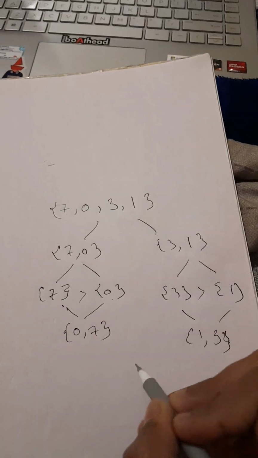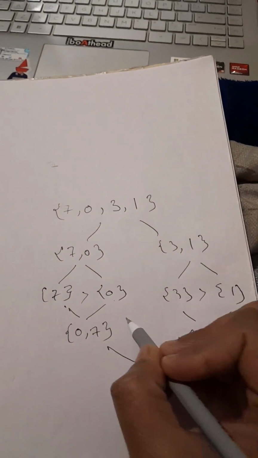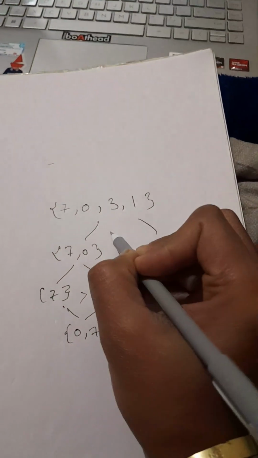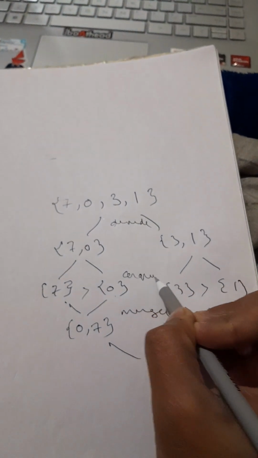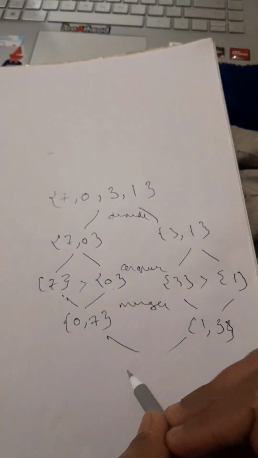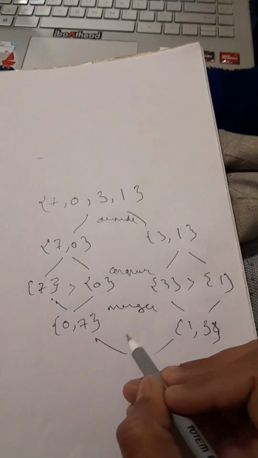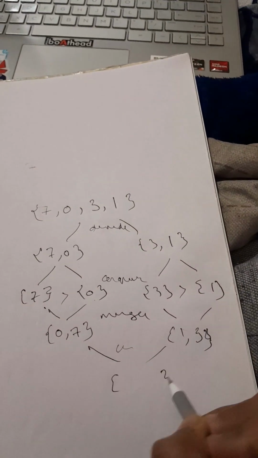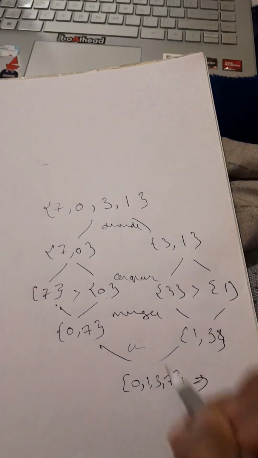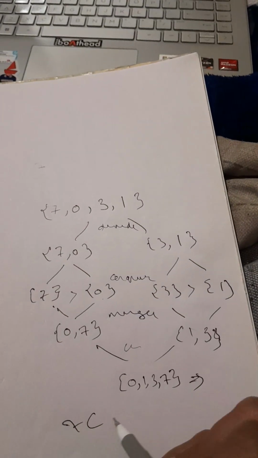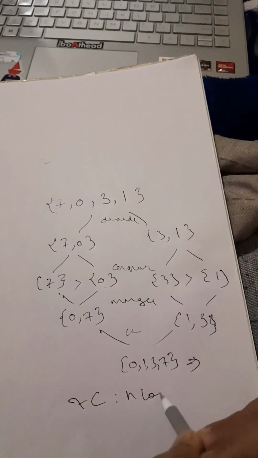Now we'll apply the same thing on these also. We are merging it. This is the merge algorithm. This is the divide algorithm, and we are conquering here, solving them. After that, we are merging these two. We are conquering here also. This solution is 0, 1, 3, and 7. This is our answer, and the time complexity in this is n log n.